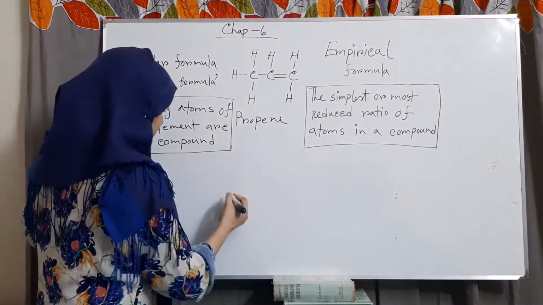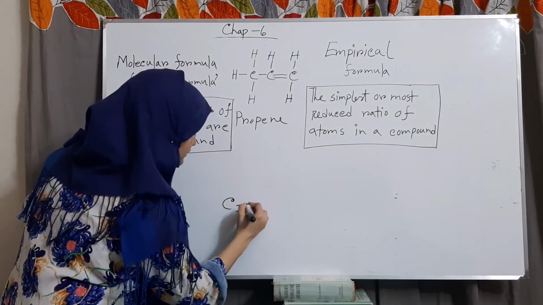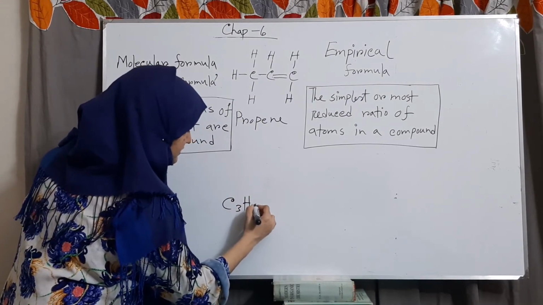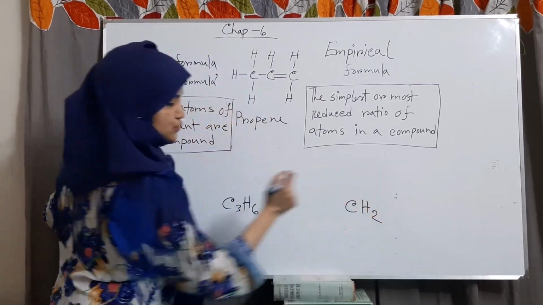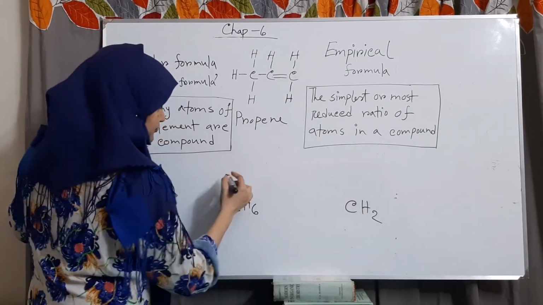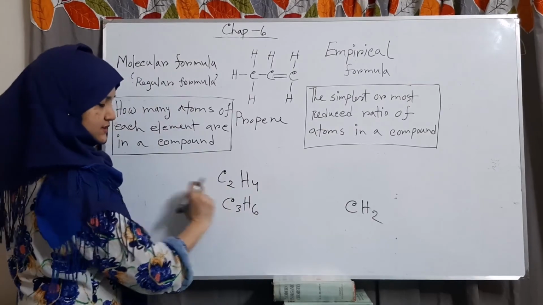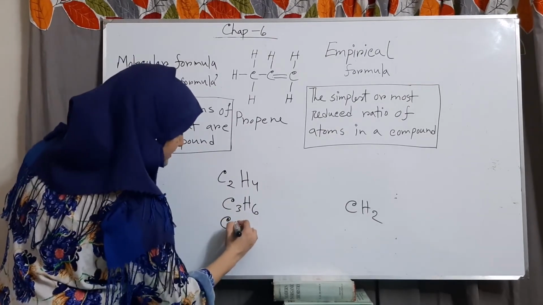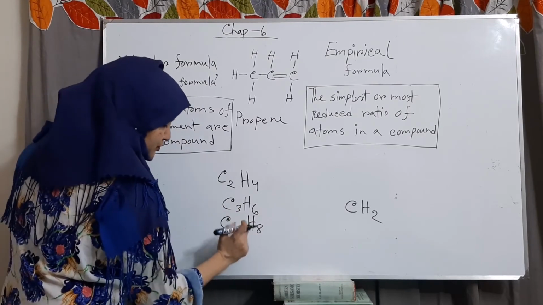Suppose for propene, the molecular formula is C3H6, and the empirical formula is CH2. For C2H4, this is ethene. C4H8, this is butene.